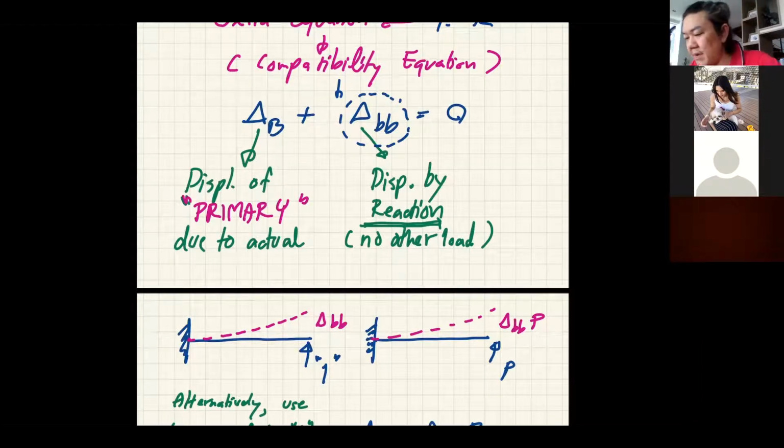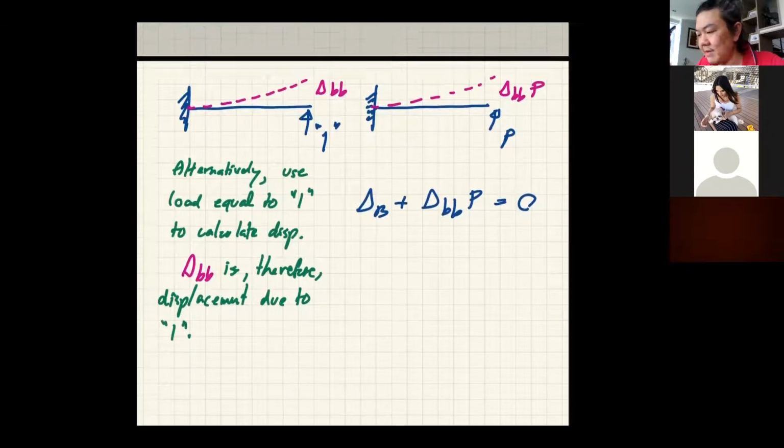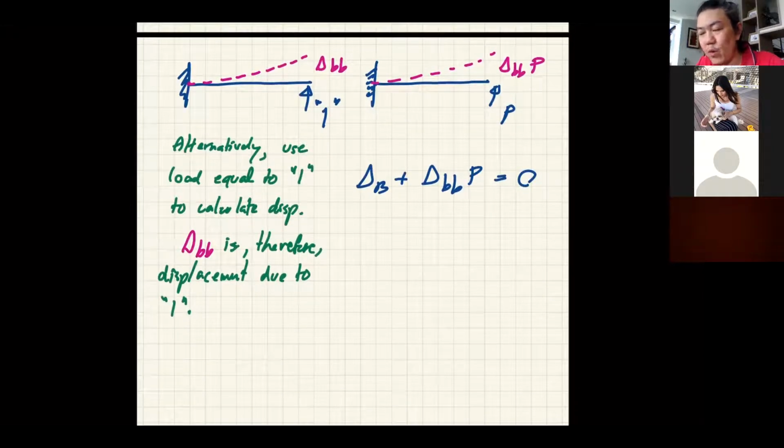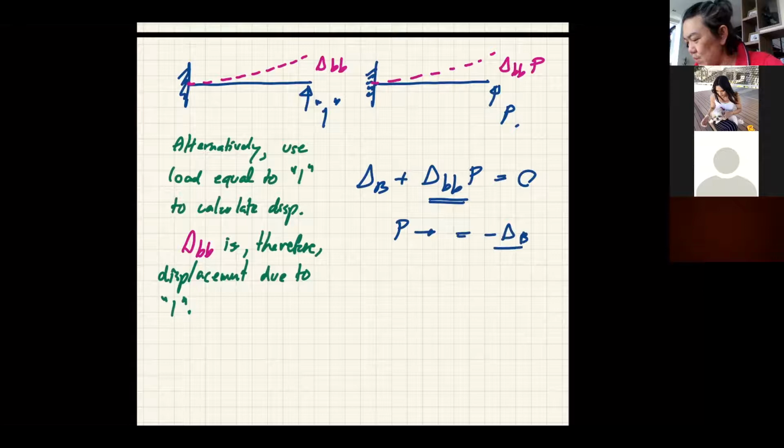So this delta BB in the first equation will be in terms of P. But in the second, you use the load equal to 1, and then you use the proportion to come up with the displacement due to P. So it will come in terms like this right away. They are the same, and you can easily achieve P now as minus delta B over delta BB, that kind of stuff.